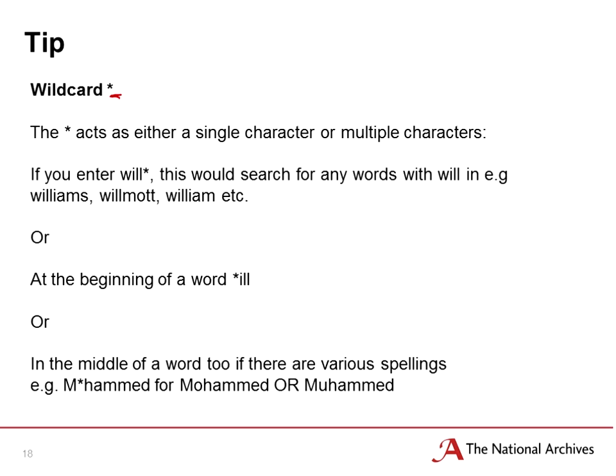The example we've got on the screen here, we are looking for Mohammed or Muhammad. So what we've put in is M asterisk H, AMMED. And this will pick up either Mohammed or Muhammad. So hopefully that is quite a clear one. If we go back.